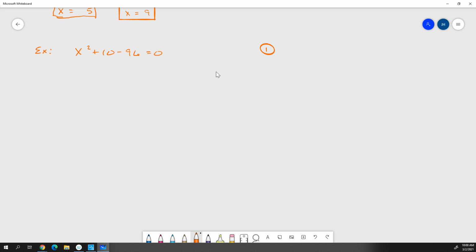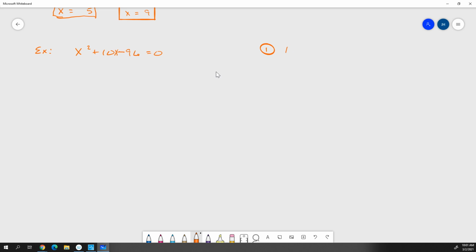Okay? So make sure to take notes when you're watching the Edpuzzle. And I even put a note in there for you to do it. So the first thing that we're going to do is, this is 10x minus 96. The first thing that we want to do is move our non-x term, our constant term, to this side of the equation and have all our x's. So we want all our x's on the left, and we want anything else, all our numbers, on the right.